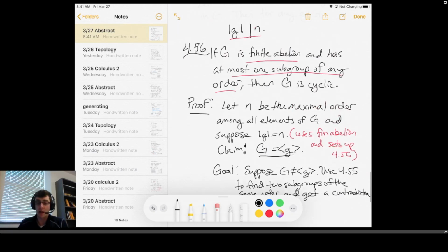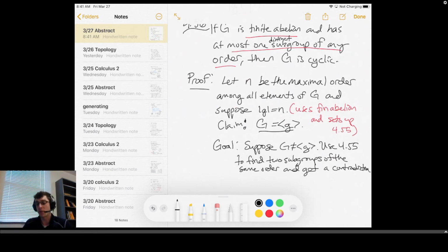So when I say at most one subgroup of any order, I'm really saying at most one distinct subgroup, because I would not list equal subgroups as different things. It's the fact that they are distinct that is important there. Does that clear it up? Right, exactly. If you have more than one generator, they just generate the same subgroup, so that's fine.